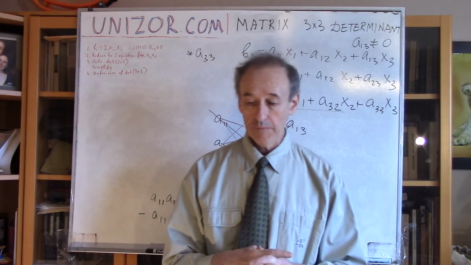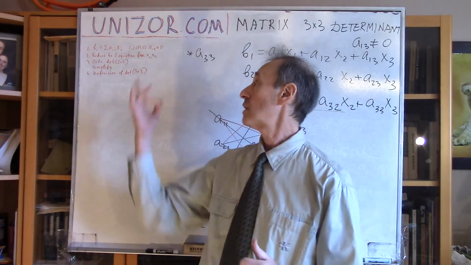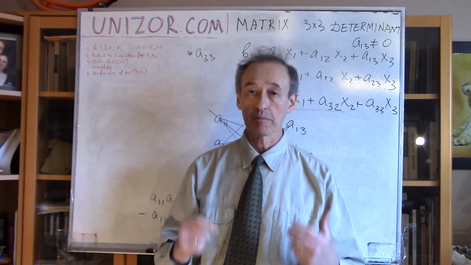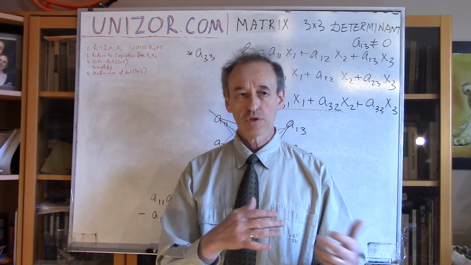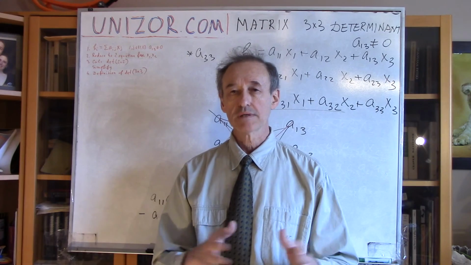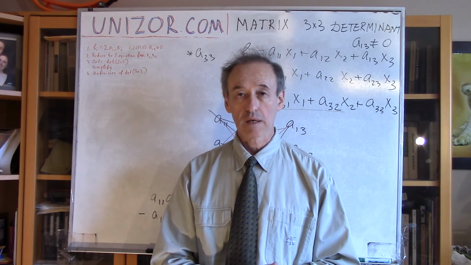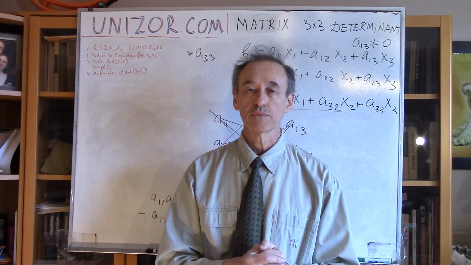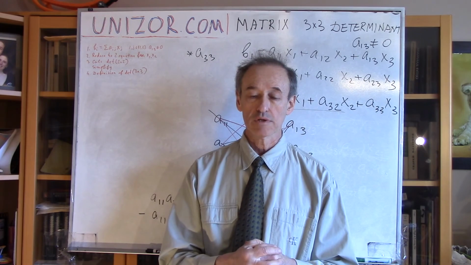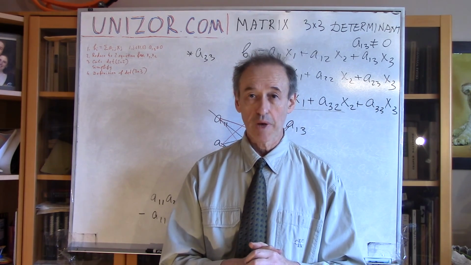All right, so the same thing which I was just explaining is in the notes on Unizor.com, and I do recommend you go through this again, just by yourself. It might contain certain more details, but basically it's exactly the same thing. Again, the next lecture will be dedicated to properties of this determinant for 3x3 matrices and some comments about it. That's it for today. Thank you very much and good luck.